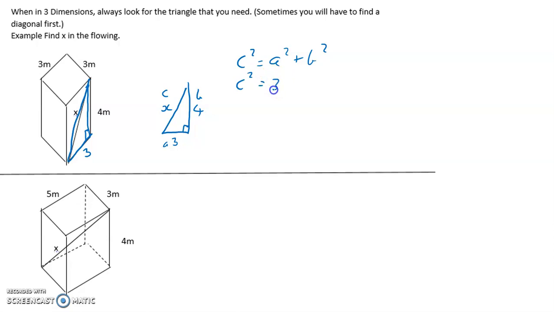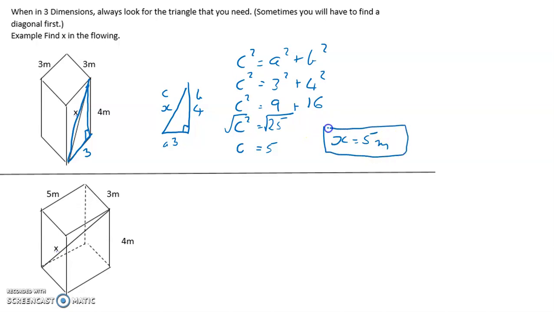C squared is 3 squared plus 4 squared. 3 squared is 9, 4 squared is 16. C squared equals 25. Square root of that and square root of that to get rid of the squared, C equals 5. So in this case, it's X equals 5, because that's what C was, and the question was in meters, so the answer is in meters.